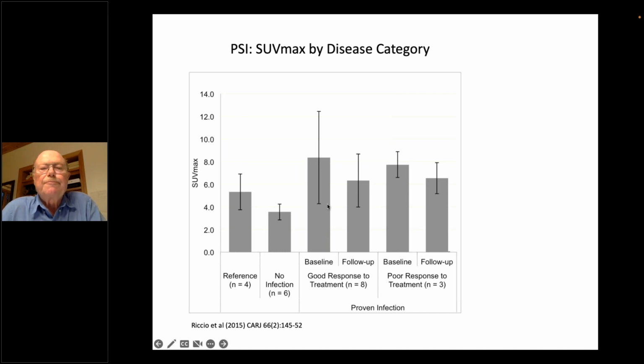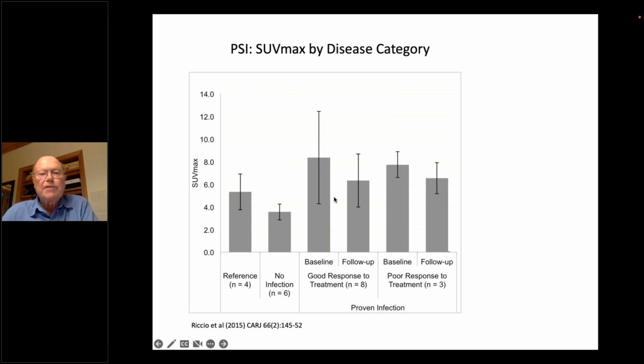But our hope that a decreasing activity would be able to differentiate between patients who had a successful outcome and those who had persistent active infection at the end of the IV antibiotic course did not pan out to be true.